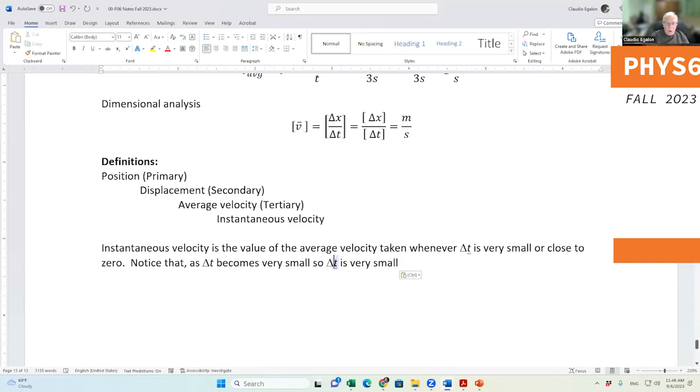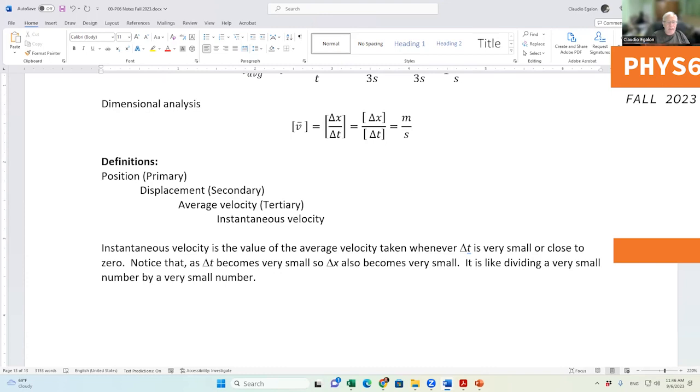So it is like dividing a very small number by a very small number.